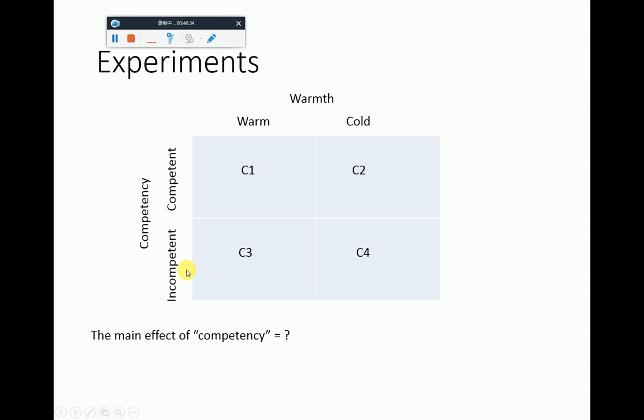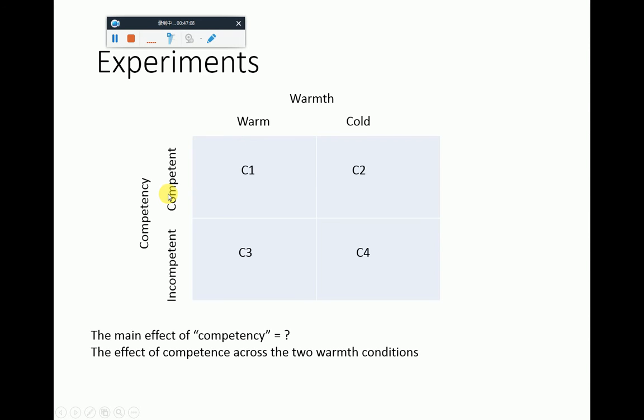But because we also have a second factor, which has two conditions, we can't just say this score represents Aaron's perceived competence when he's described as competent, because we also have another condition which will also contain the competent effect, because in this condition, Aaron is described as cold and competent.